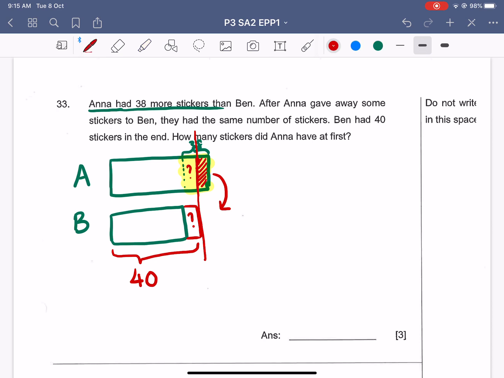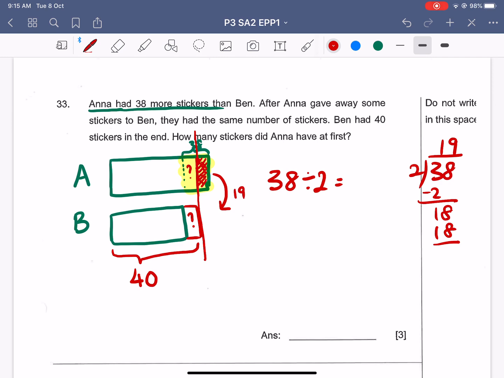So step number 1, I could do 38 divided by 2 to give me 19. So I know that this shaded part is the 19, and this 19 has been given to Ben, so that Ben ends up having an equal number.